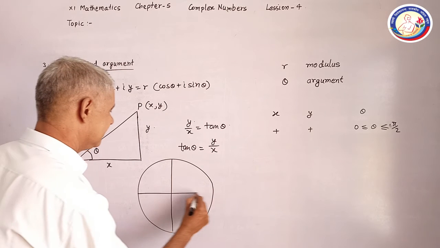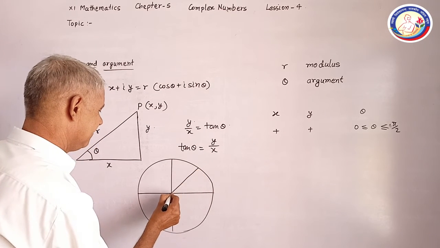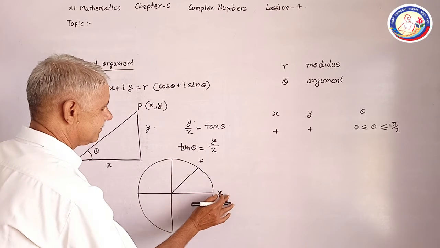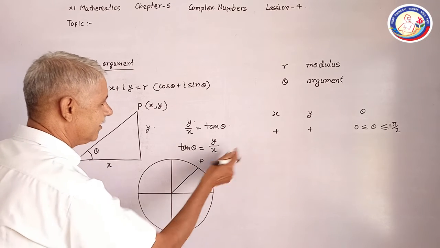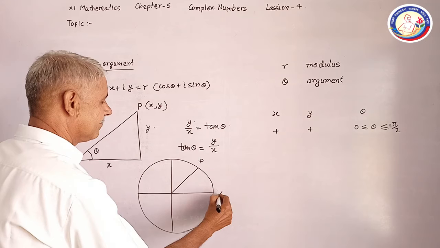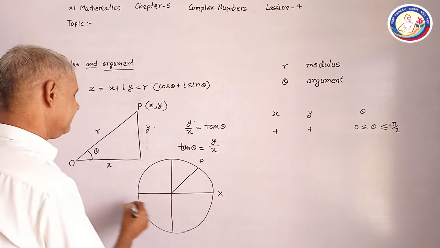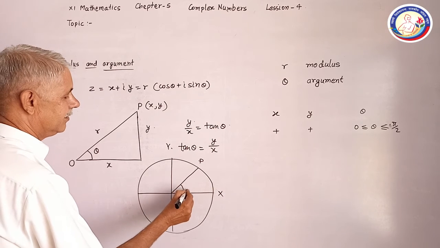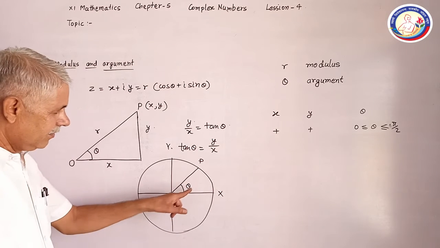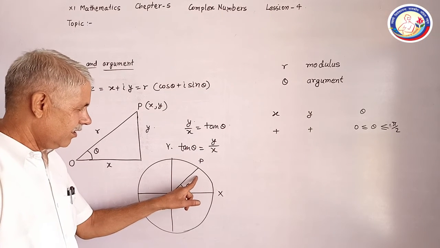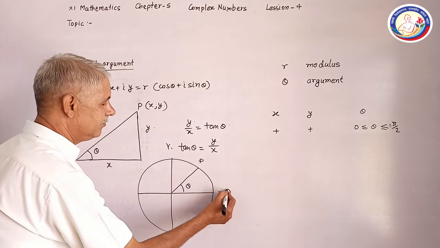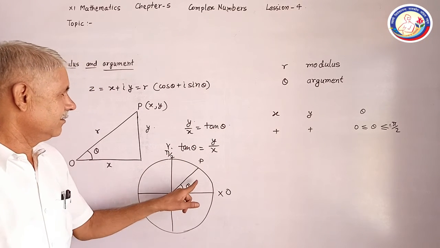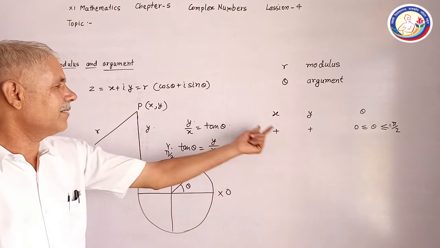These are 4 quadrants. So this is r here, point P, and this is our x-axis. We must write it capital because we are using small x here. Here it is y. This is theta. Now, if the angle is acute, this means from 0 degree to pi by 2, if x and y both are positive.